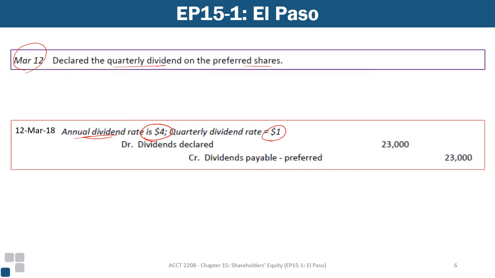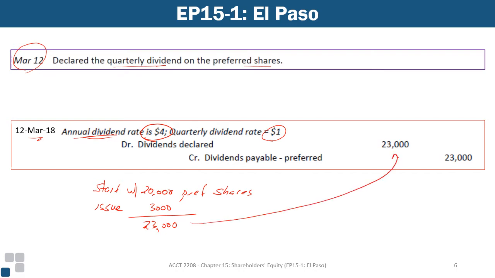Well, if we go back to the original data, we started the year with 20,000 preferred shares, and in that lump sum transaction, we issued another 3,000 preferred shares. So that leaves us with 23,000 preferred shares prior to this transaction, and so that's how we end up with $23,000. It's 23,000 shares times the $1 dividend, and we're done with this one.